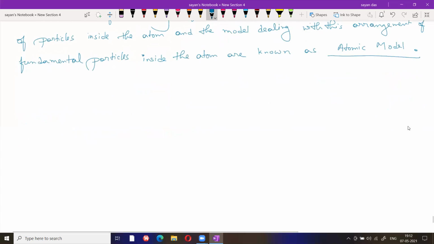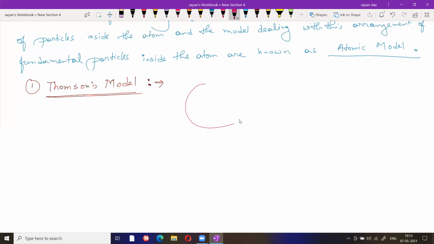What is Thomson's model? Basically, he said that positive charge, or protons, are arranged in a symmetrical way in an atom.